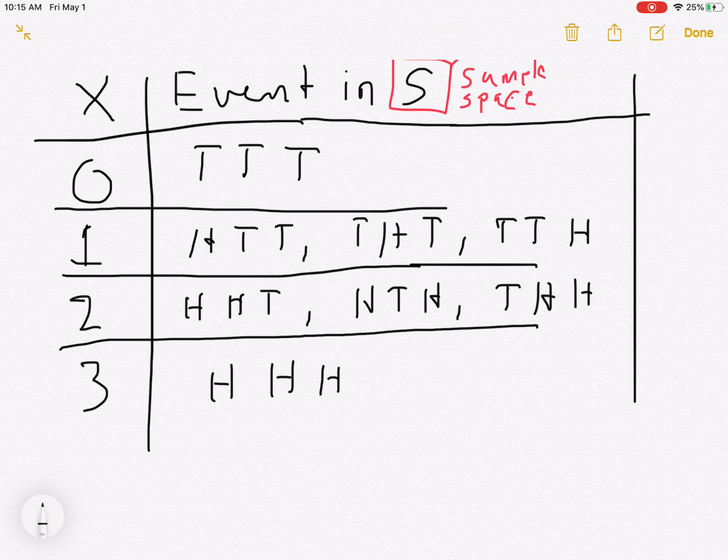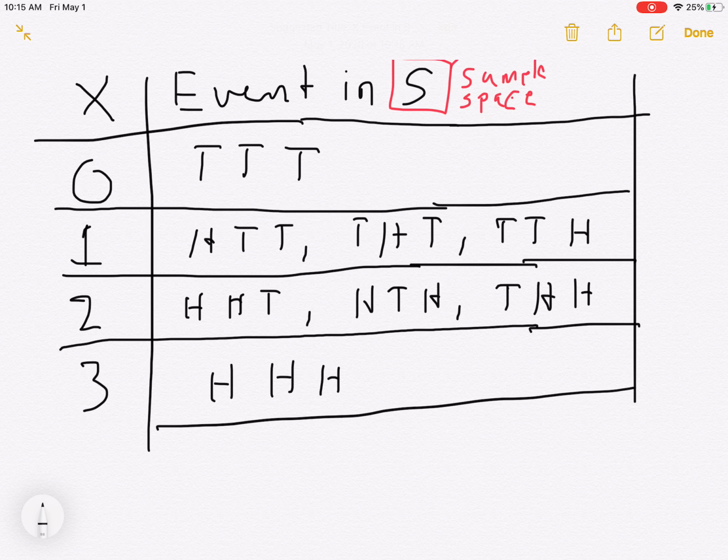Now I'm going to put down one other column here, called P of X, the probability. After all, the probability is the number of ways it occurs. The number of ways it occurs listed for X equals 0 is just going to be tails, tails, tails, divided by the total number of outcomes. We wrote it down. That's 8 of them.